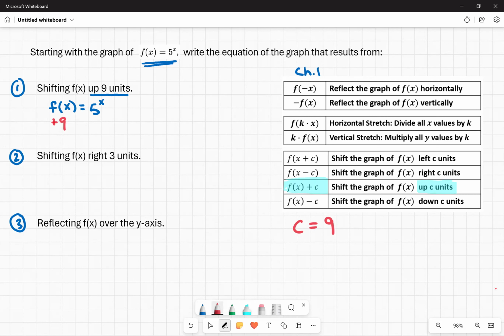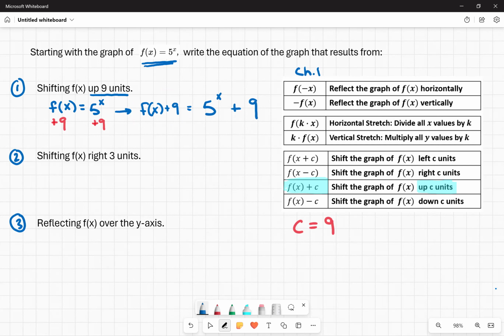Now, there's an equal sign there. So if we add 9 to the left side, we also have to add 9 to the right side. So that gives us f of x plus 9 is equal to 5 to the power of x plus 9. Now we could call this f of x plus 9 something else, g of x, or we could call that y.